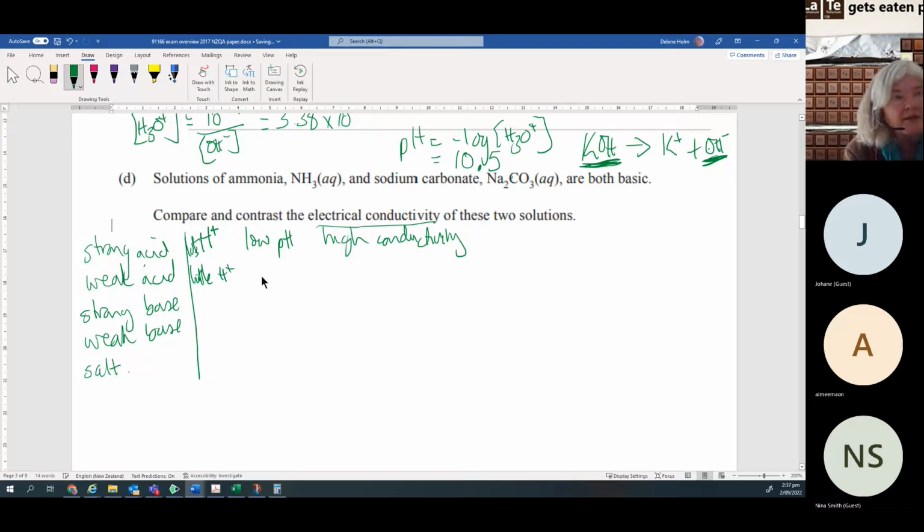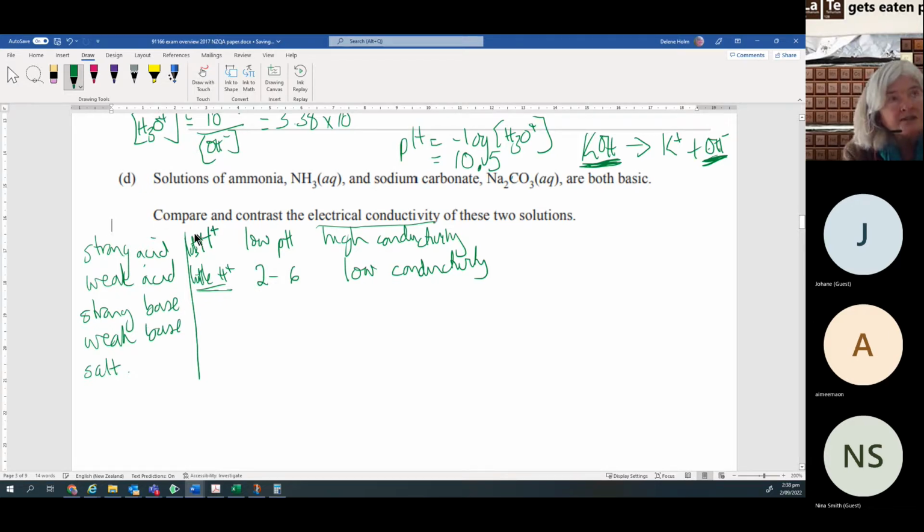But it'll have a pH between, let's make it between 2 and 6. So it's going to be below 7 and it's normally above 2. But it will have a low conductivity. And the reason is it doesn't have many ions in solution. If there aren't any charged particles there or very few, it's not going to conduct.